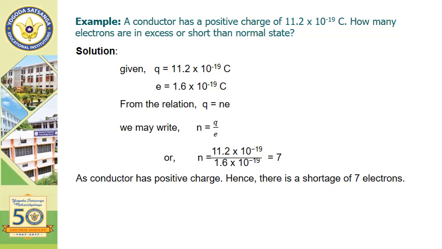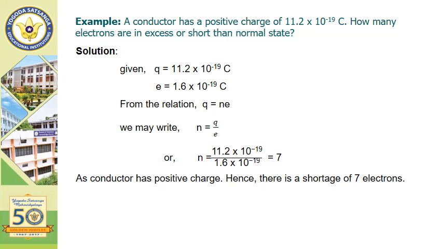So we may write n equals Q upon e. When we put the values of Q and e in the equation, we get the number n equals 7. As the conductor has a positive charge, hence there is a shortage of 7 electrons.